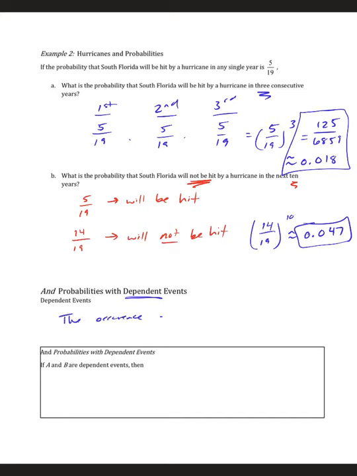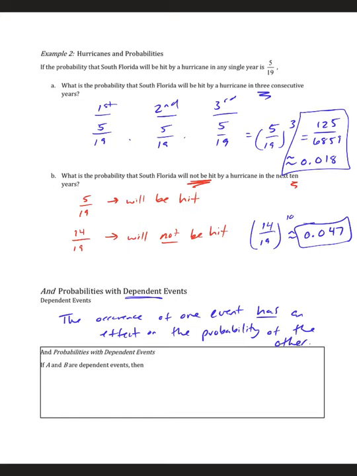the occurrence of one event has an effect on the probability of the other.